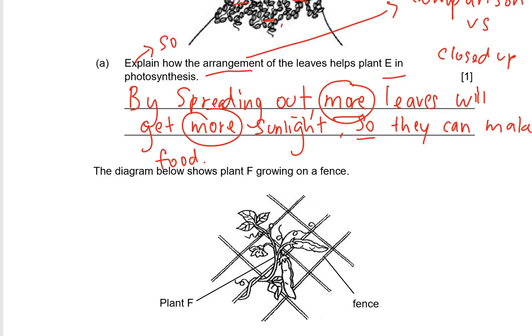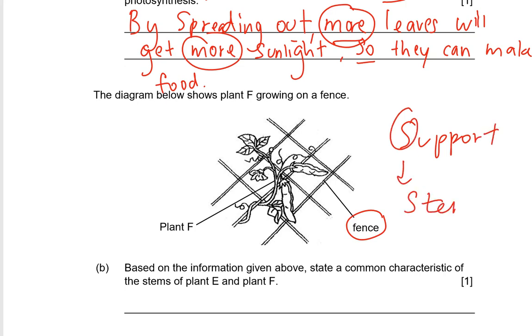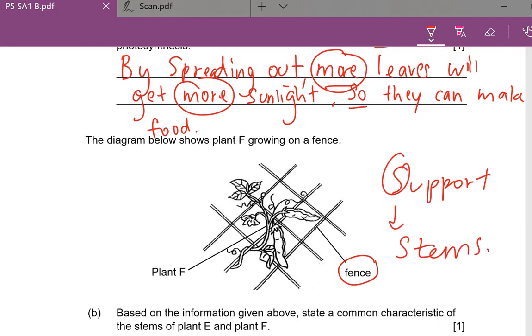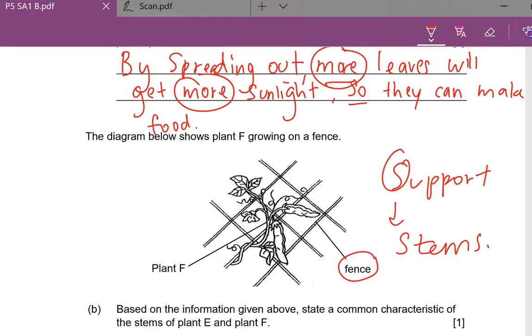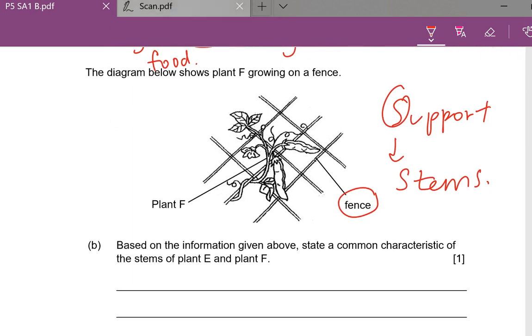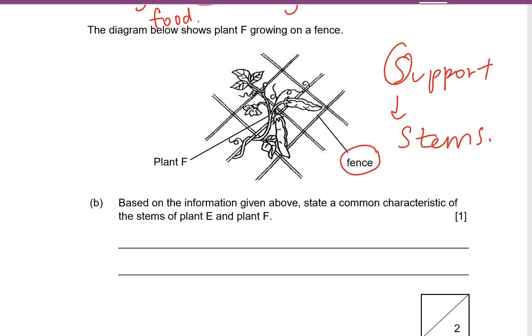Okay, 36b, simple. The reason why these plants require them to grow on a fence is because they can't stand upright on their own. They need some kind of support. And when we talk about support, the word support will remind you of the word stems. So this question talks about why they need some kind of fence.